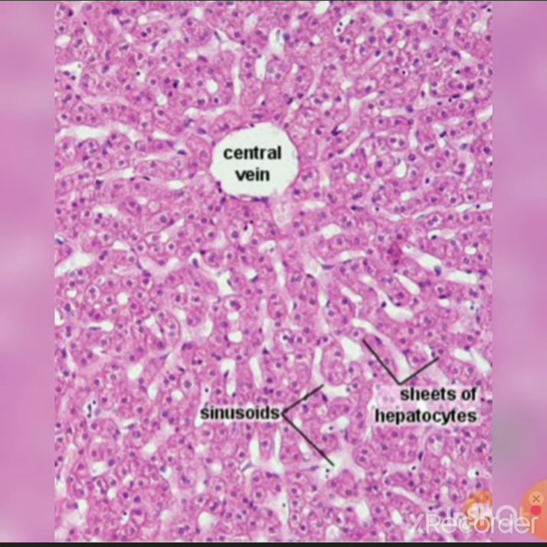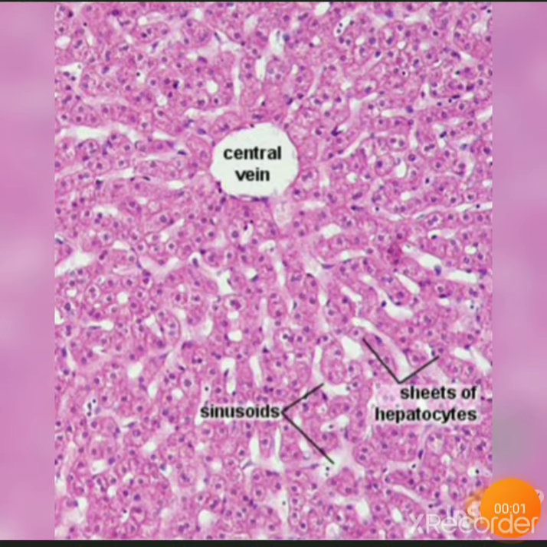So these polygonal liver cells are called hepatocytes. The radiating cords of hepatocytes are separated from each other by spaces called sinusoids, and each hepatocyte consists of a central round nucleus and the surrounding cytoplasm, which is pink in color.